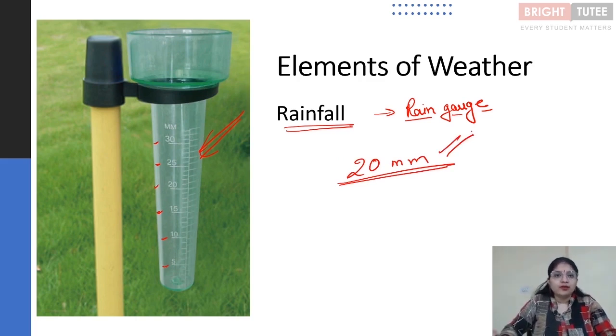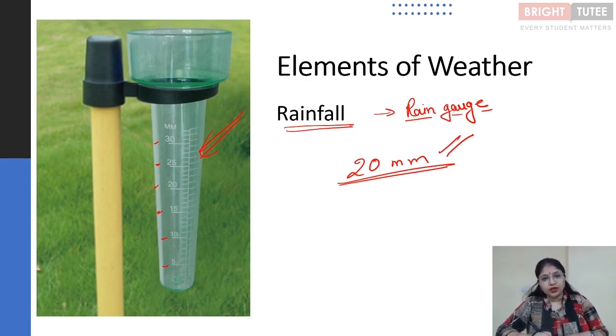I'm pretty sure you must have wondered that rainfall is actually what? It is liquid, right? Rain is water. So how is it measured in mm? It is measured because of the markings that are present on the rain gauge. When it starts raining, it is filling up the rain gauge, right?